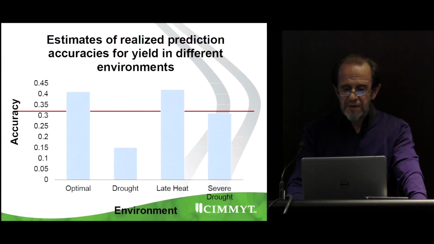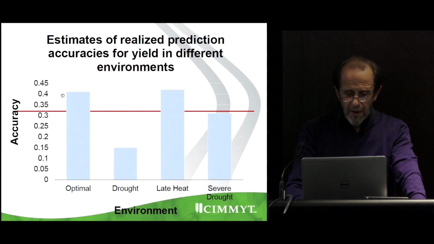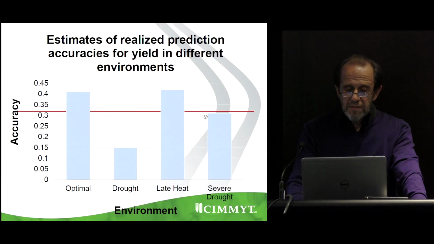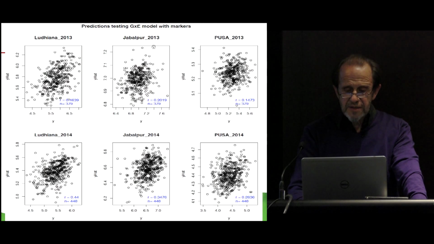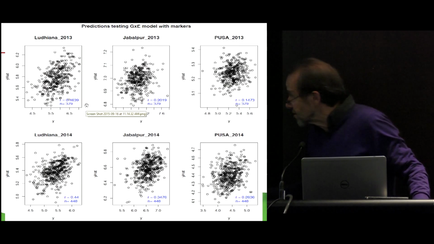These are the estimated realized prediction accuracies for yield in different environments. We have like 0.4 in optimal, 0.15 in drought, late heat 0.4, severe drought 0.3. Now, I would like to show the predictions in these 3 sites. In Ludhiana, 2013, the prediction was 0.46. Did you see that? Yeah.